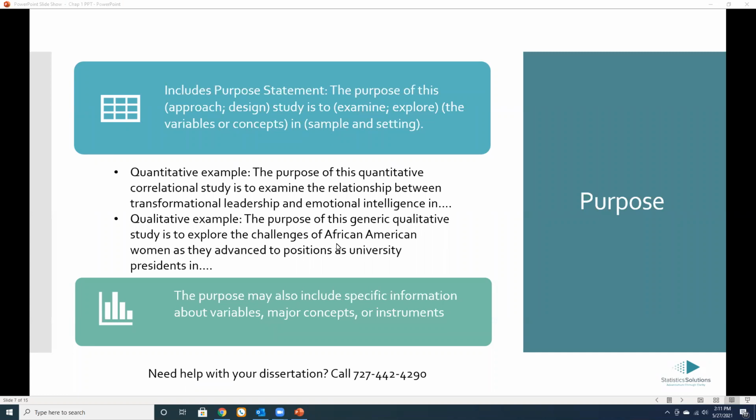It may include more specific information about your variables, how you're defining your variables. It may have information about your instruments. But usually you don't go into a lot of depth about that. That comes in the methodology section later, but it may need to include information about those things.